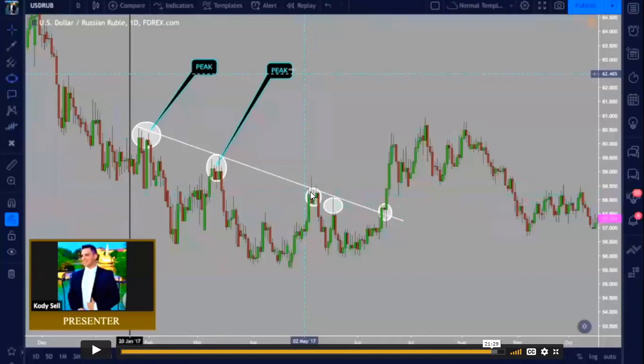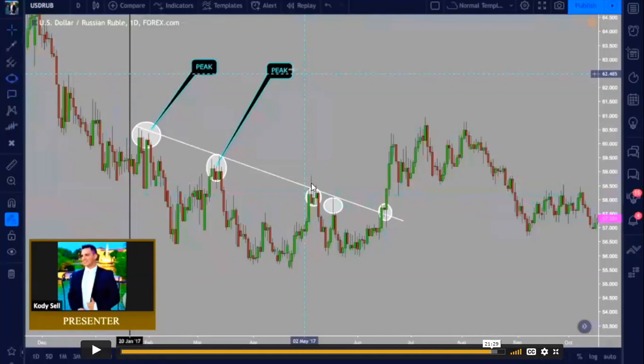The reason you would know to move it is because the wick went through it, the candle didn't. If the candle went through it, like over here, it would be considered a break, but it didn't. Price went up that high, but it couldn't sustain, it came back down.